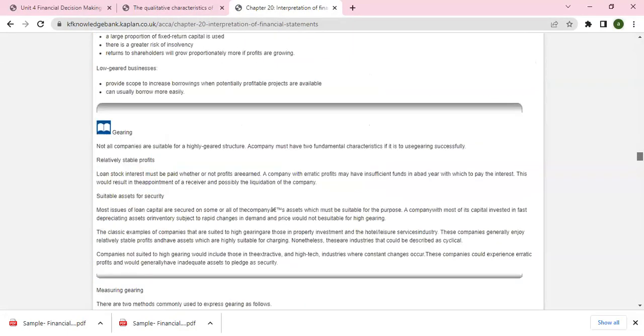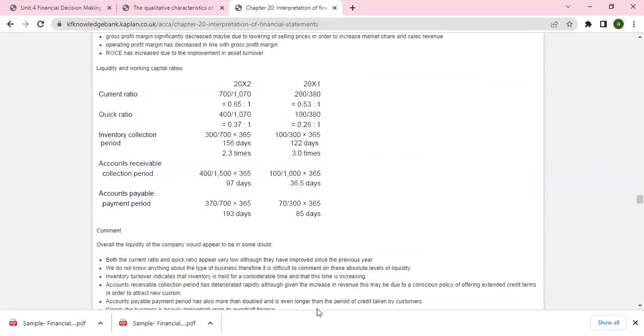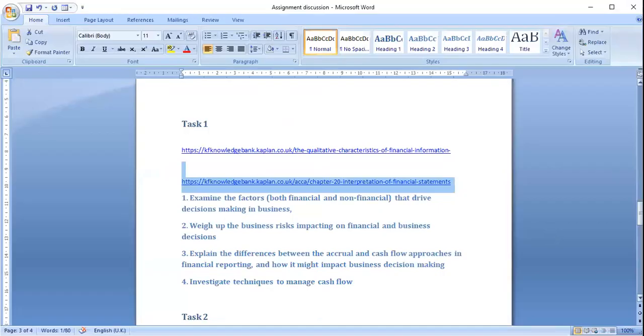It is quite good to look around, and that will also help you. There are a good few examples. This is more generic and we can link it to Poundland. For Poundland, you've been given their financial statements, which provide the financial information, such as their profit and their sales. These are all financial information.